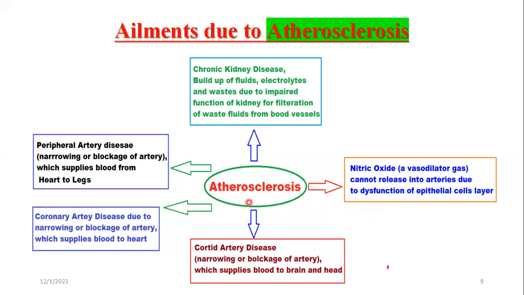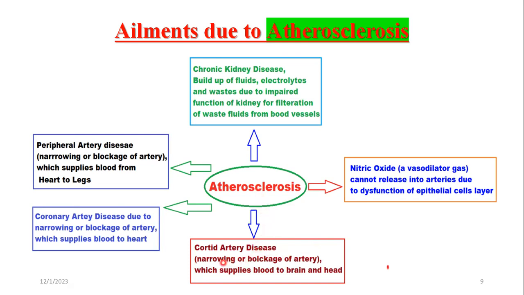So, due to atherosclerosis, the dysfunction of endothelial cells takes place, so the release of nitric oxide is impaired or decreased. The narrowing of the blood vessel occurs because the dilation due to nitric oxide release is hampered by the buildup of plaque, the atherosclerosis.